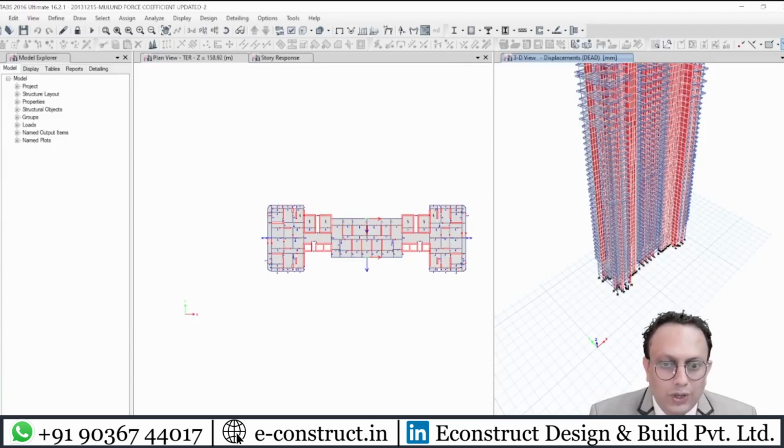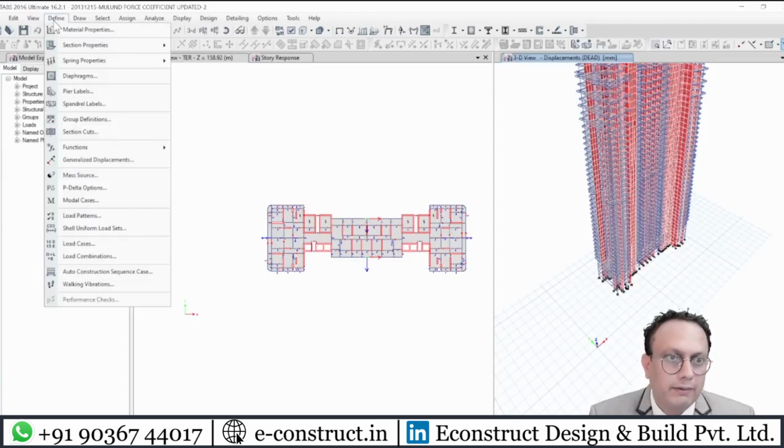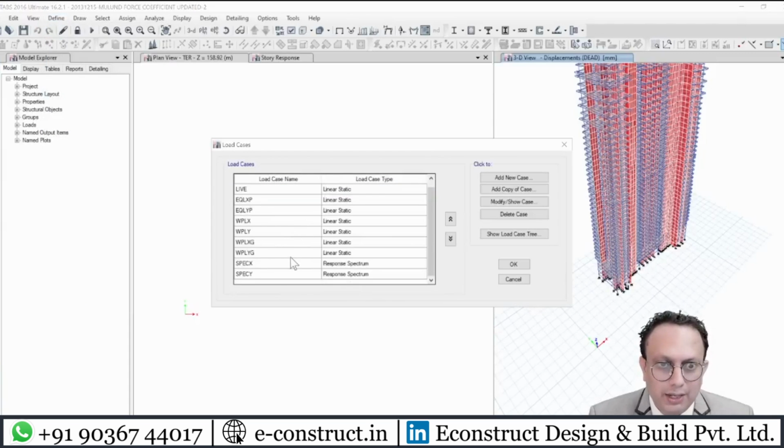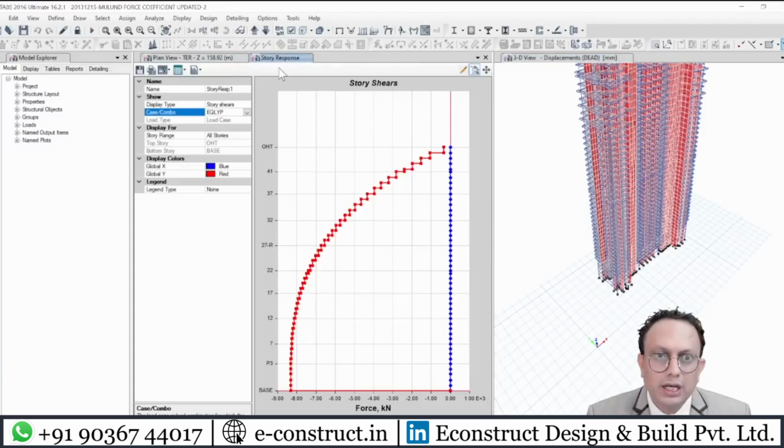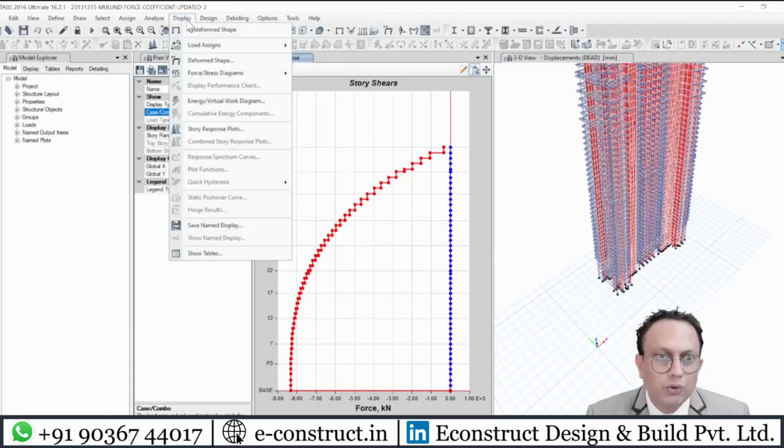Once you have defined this Spec X and Spec Y in the X and Y directions, you just need to run the analysis. I already ran it. It takes hardly 10-15 minutes, so I ran it to save time. After that, you will see the responses. Go to Display and Story Response Plots.